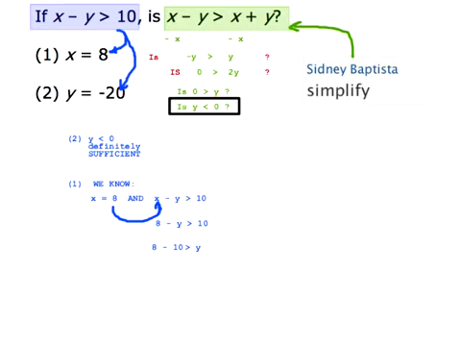And so then -2 is greater than y. So y is negative. This is sufficient. So we have D, like dog: both statements individually are sufficient.